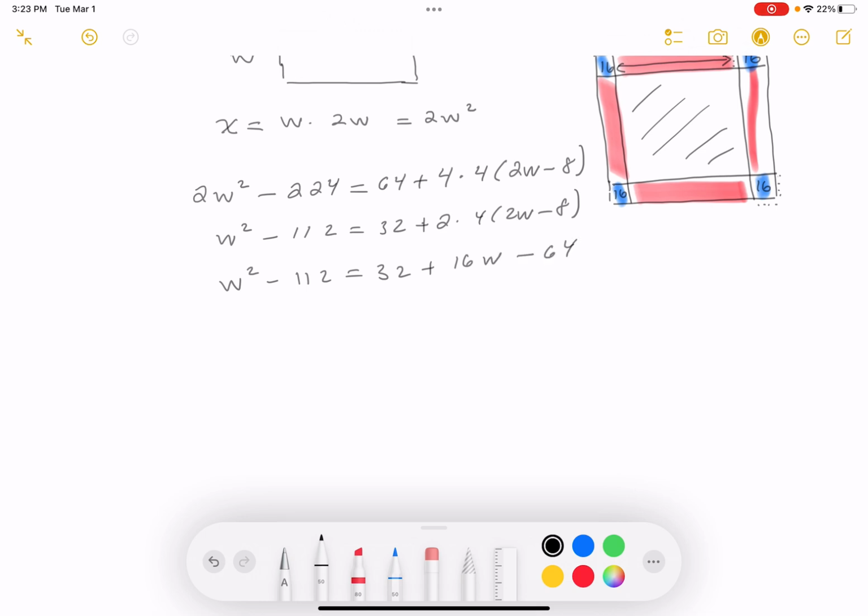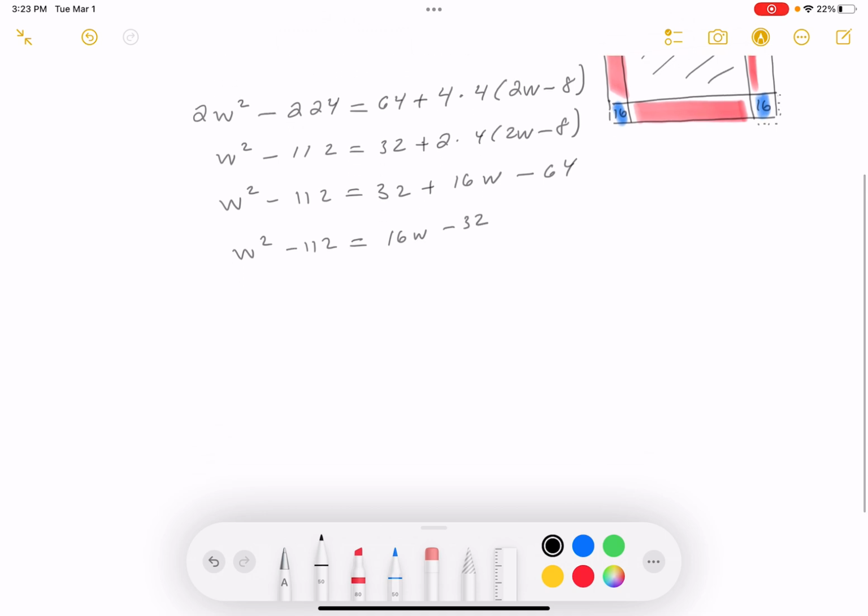Wow, looks like a tough one. W squared minus 112, that's not 32, I'm sorry. It's going to be 16W minus 32. All right, let's keep moving forward.